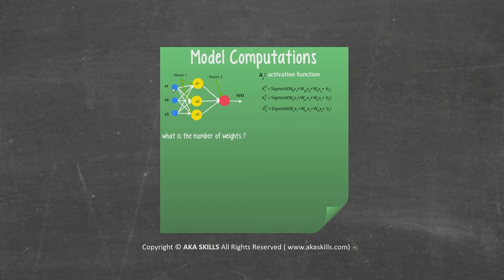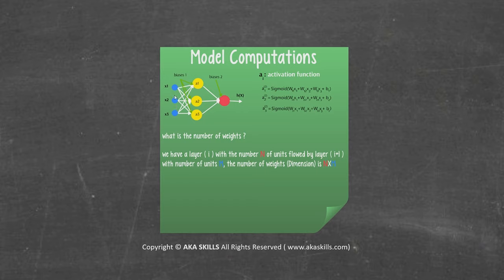So what's the number of weights here? This set of weights, how do we calculate the number directly? Simply by multiplying the number of units. For example, here we have 3 units, and here the other units are 3.